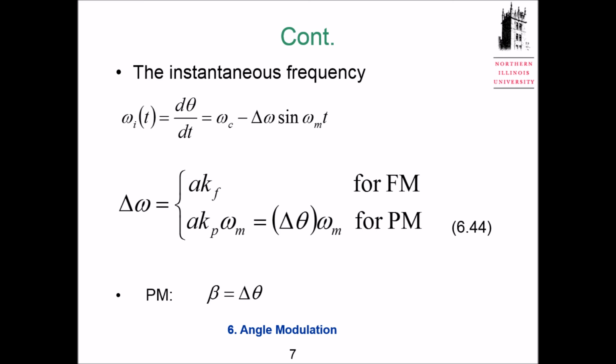Kp is also the constant for the PM signal, and also your omega m, your signal's frequency. So we combine A and Kp together, delta omega, delta theta. This one is also the modulation index.